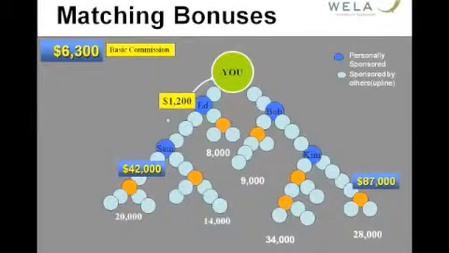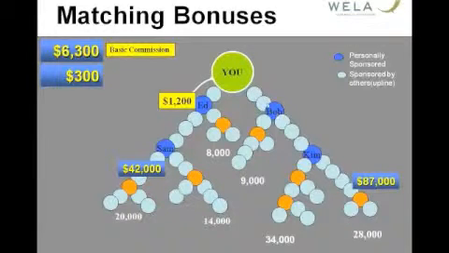Ed just earned $1,200. Okay? Now, you brought Ed in, so you're going to earn a match. Every time Ed gets paid, you get paid. Guess what? You earn 25% of whatever Ed earns, and that is residual recurring income every time Ed gets paid. Ed made $1,200, your 25% match is $300.